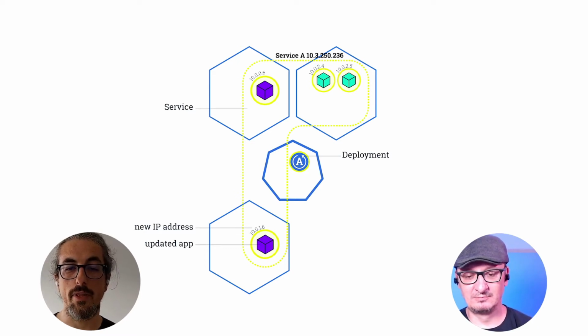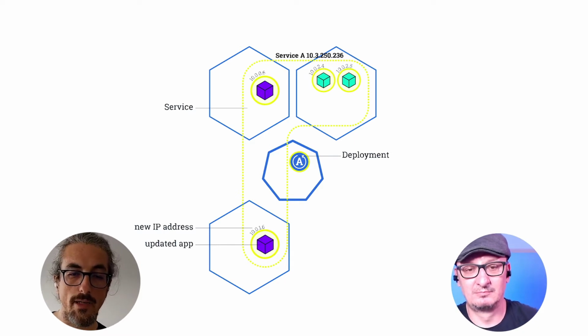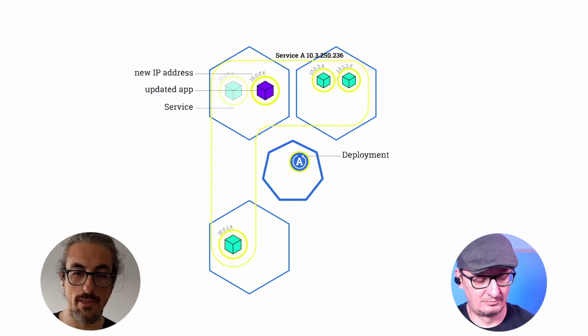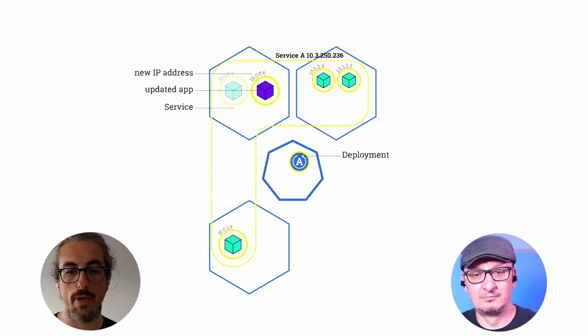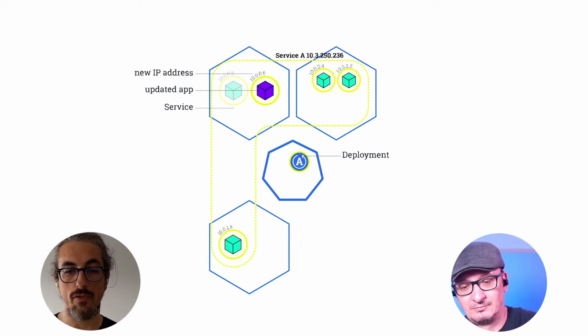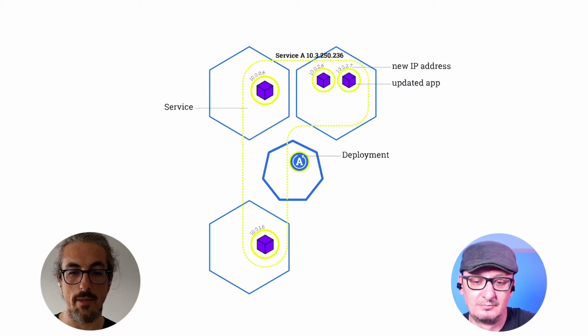And instead of upgrading all the 10 at once, you upgrade one, check that that one is successful, or you have some maybe metrics. Then you upgrade 2, 3, 4, 5, and so on until you upgrade all of them. So you don't have a lot of control, but at least you're not affecting all the users at the same time.